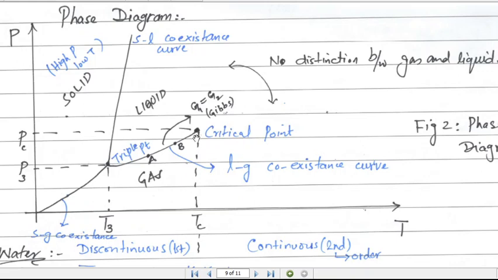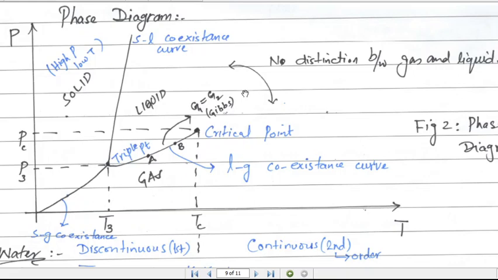If we increase the temperature further after the critical point, there will be no distinction between the gas and the liquid, and you can say that the system will exist in a supercritical fluid state. You cannot distinguish whether it is in the gas state or the liquid state.